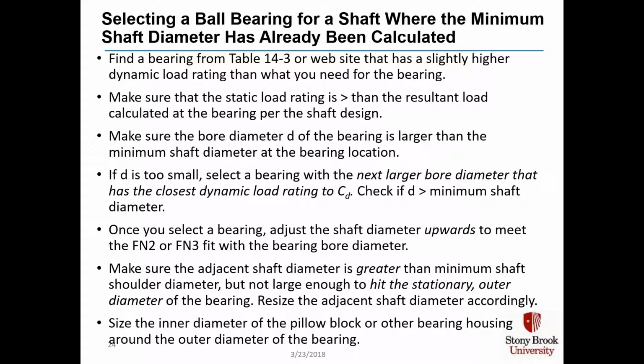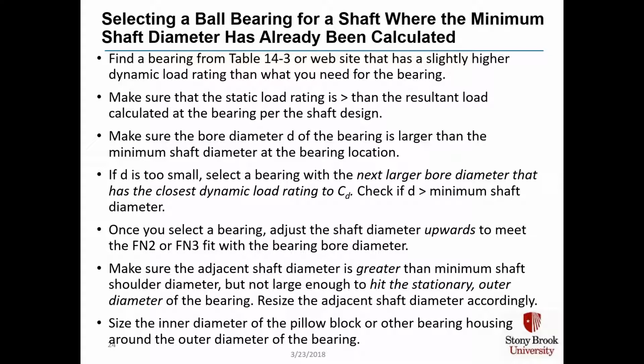If D is too small, you select a bearing with the next larger bore diameter that has the closest dynamic load rating to C sub D of the first bearing, and you check if D is greater than the minimum shaft diameter. Once you select a bearing, you have to adjust the shaft diameter upwards to meet the FN2 or FN3 fit with the bearing bore diameter.